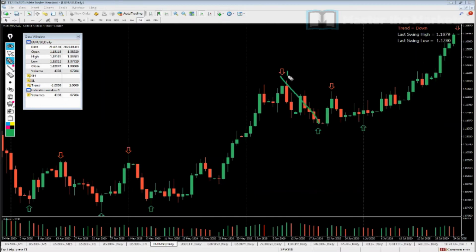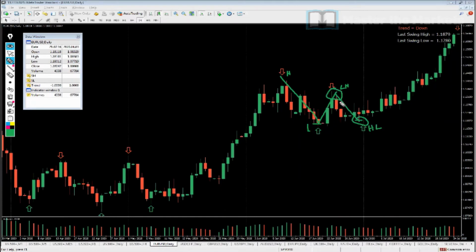So we have a high, and then we have a low. And then we have a lower high, and we have a higher low. The market is compressing. This level was not taken out by this level, and this level did not break this level.